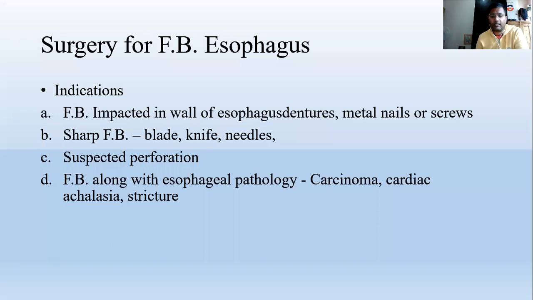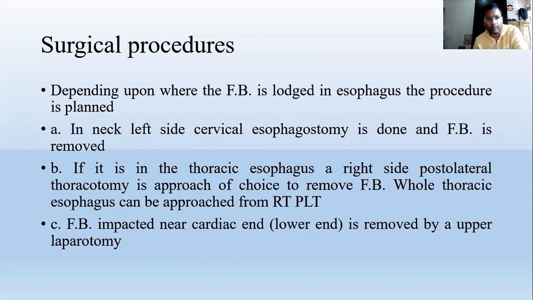Or if the esophagus has other associated conditions, like stricture formation due to esophagitis, or carcinoma, then surgery may be required. The surgery is cervical esophagotomy: open the esophagus and remove the object, because you have to confirm the place of the obstruction by radiography. Then you go with that approach.